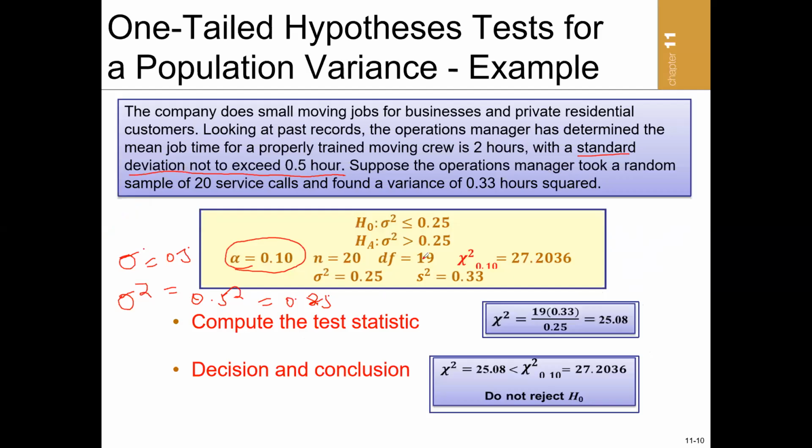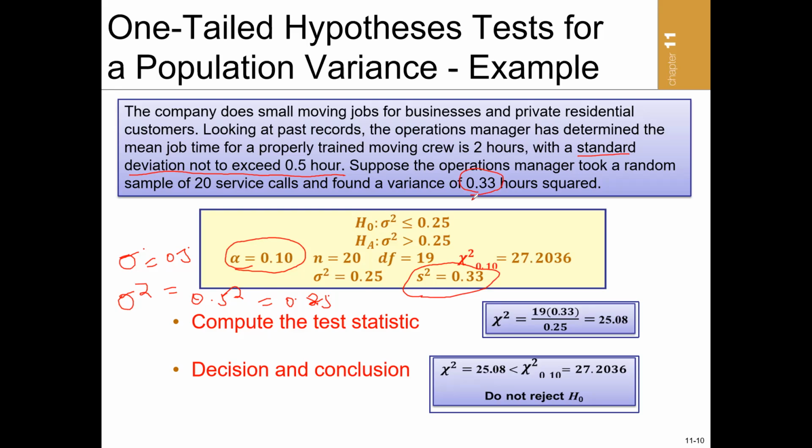So the sample variance is 0.33, all right? Because the question says, suppose the operations manager took a random sample of 20 service calls and found a sample variance of 0.33, okay?